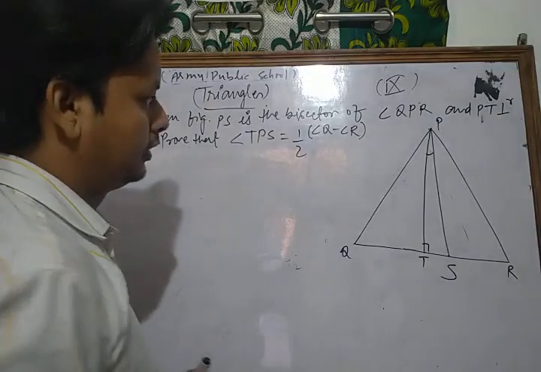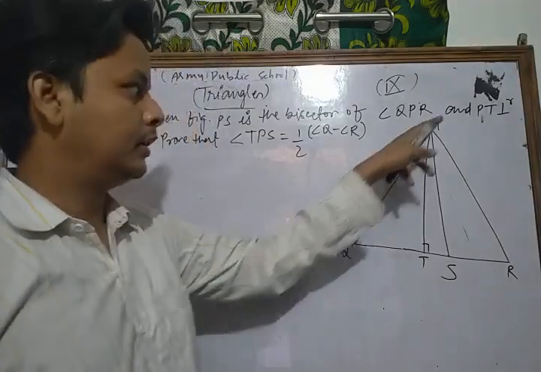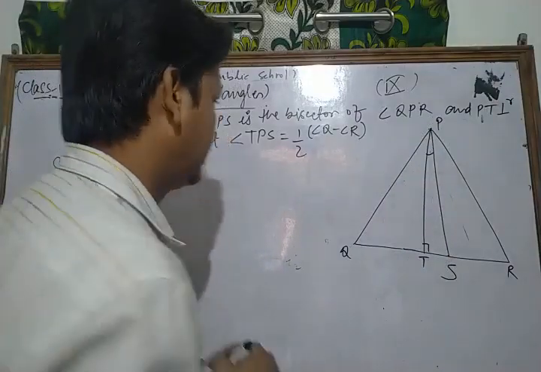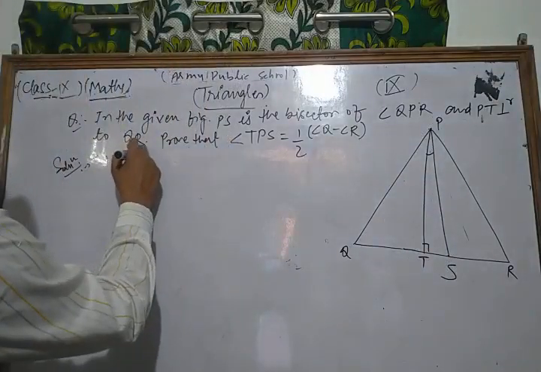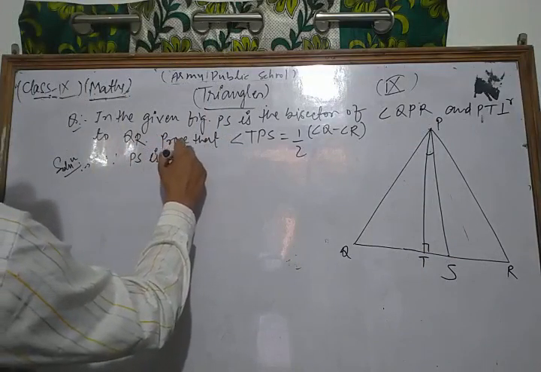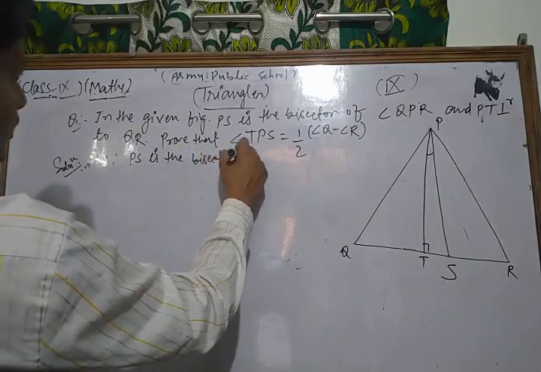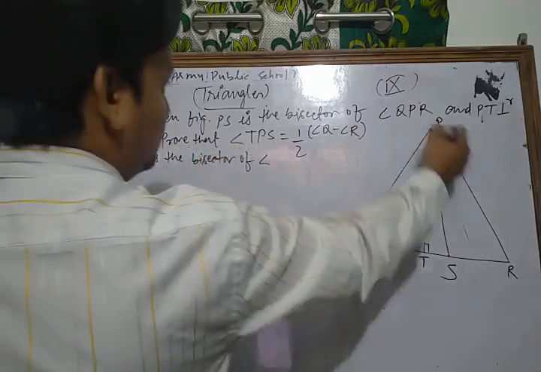First of all, we know that PS is the bisector of angle QPR.